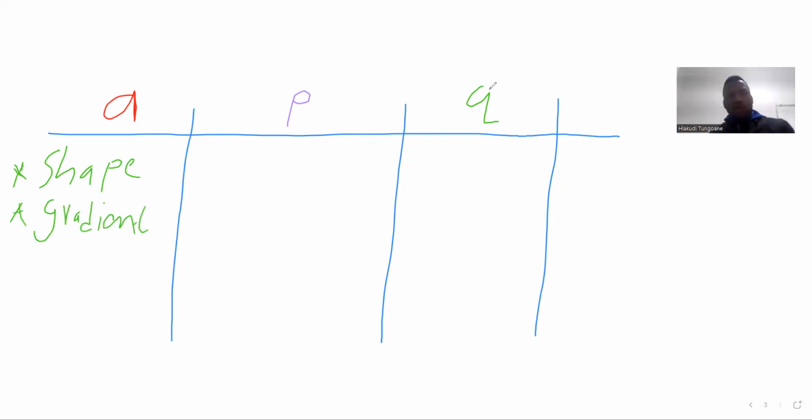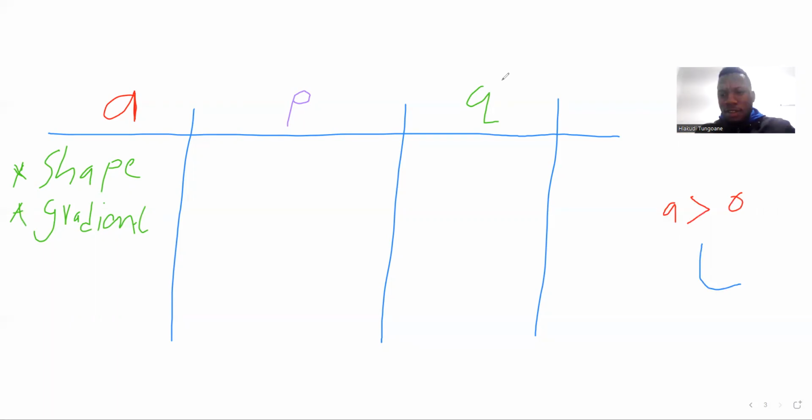Okay, so let's talk about the shape first. If A is greater than 0, in other words, if A is positive, there are 2 forms or 2 shapes in which your graph for a hyperbola can take.